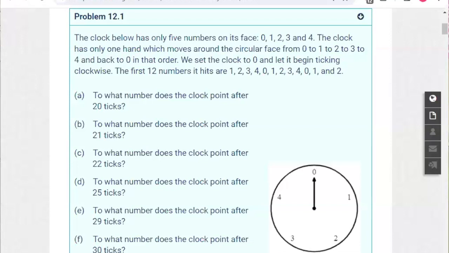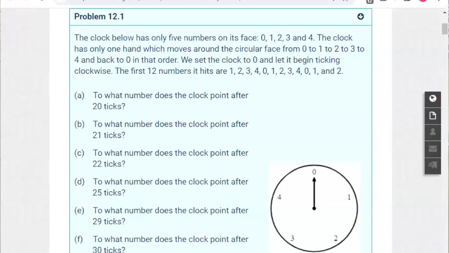Can't you see our chart? I'm confused. So why can't you tell me the number? The 21 is right here. You see, I just circled it in black. And so the 21st tick is going to be with the 1.